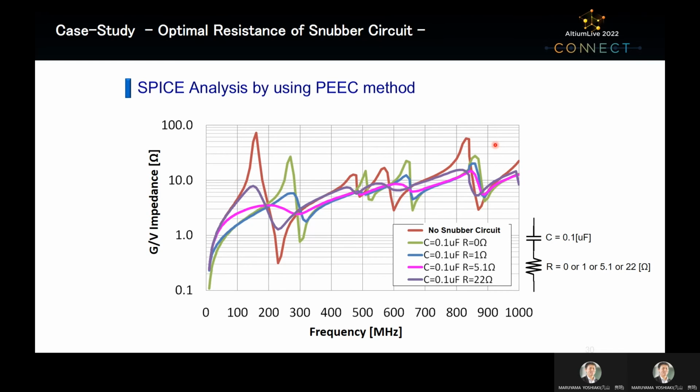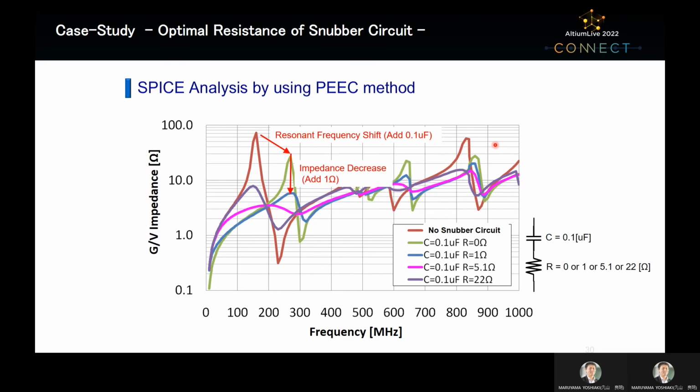The result where there is no snubber in the 4 corners is the red line of this graph. By placing a capacitor of 0.1 microfarad, the resonance frequency is shifted to a higher one. By adding a resistance of 1 ohm in series, the quality factor is lowered.